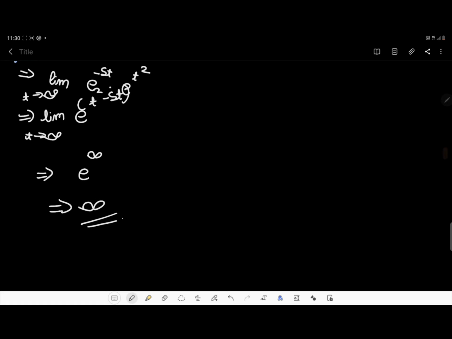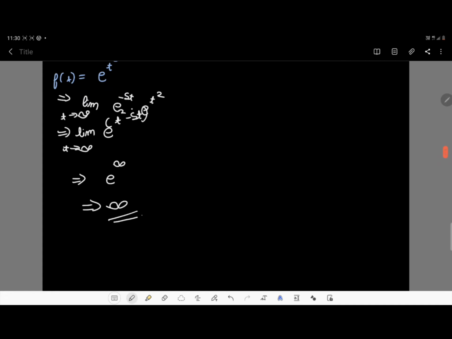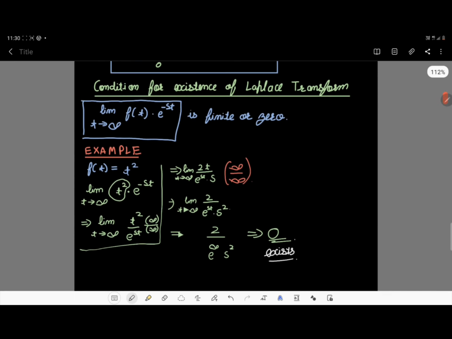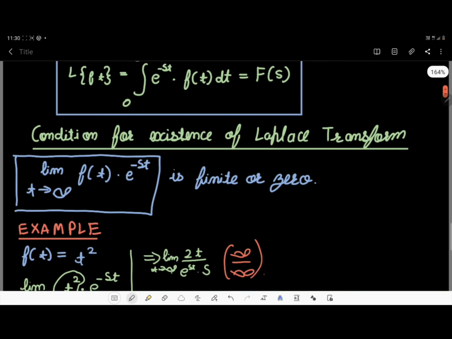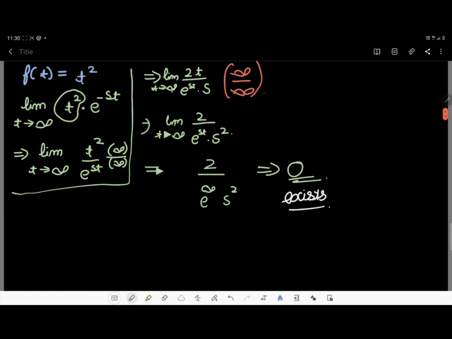So in this case, your limit is not defined. What does this mean? That your Laplace transform does not exist, DNE, does not exist, right? So this is how you will check whether your Laplace transform will exist or not. I hope this is clear to you.